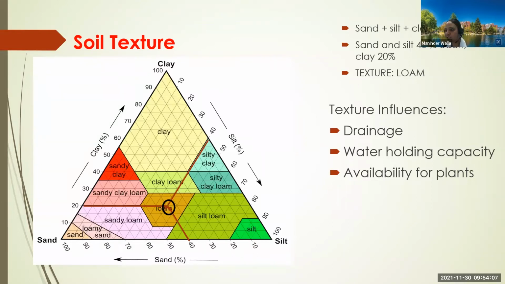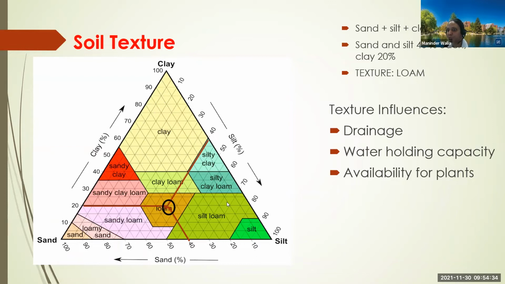Soil texture refers to the relative amount of sand, silt, and clay present in the soil, expressed as a percentage. There are 12 soil texture classes, as named here, defined by the United States Department of Agriculture, USDA. Determining the soil texture is often aided with the use of the soil texture triangle plot.